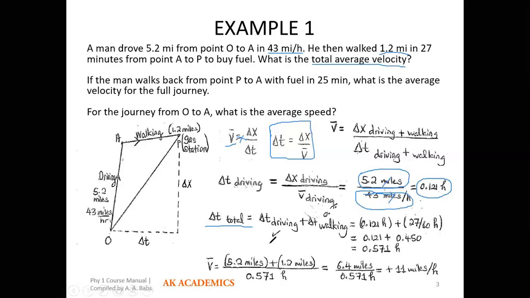And then divided by the change in time for driving and walking put together, which we calculated to be 0.571 hours. You put it here, carry out the arithmetic operation, and what you obtain is 11 miles per hour. The total average velocity will be equal to 11 miles per hour.